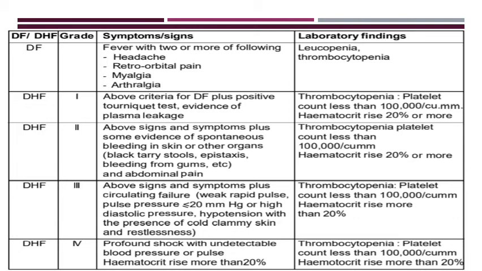In dengue hemorrhagic fever grade 4, we have profound shock with undetectable blood pressure or pulse and a hematocrit rise of more than 20%. The lab findings are almost same in all the grades. Now in dengue fever, we have leukopenia and thrombocytopenia, whereas in dengue hemorrhagic fever, we have thrombocytopenia and hematocrit rise of 20% or more.